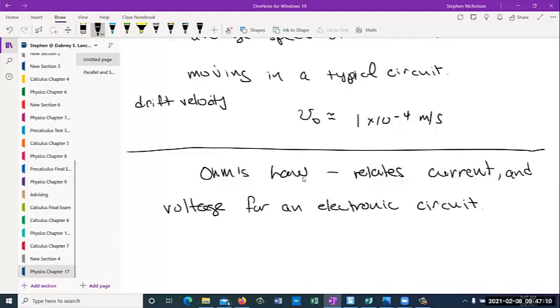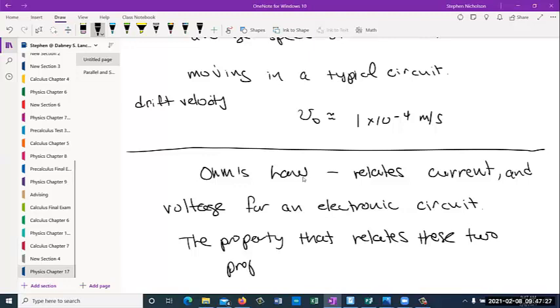And the property that relates these two is called resistance.